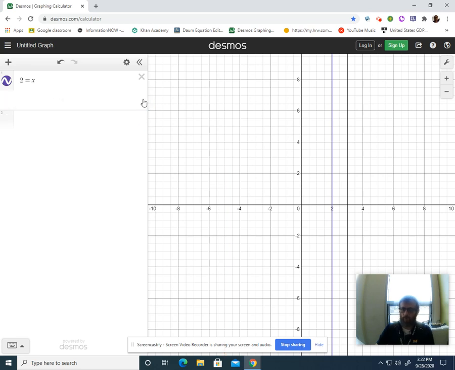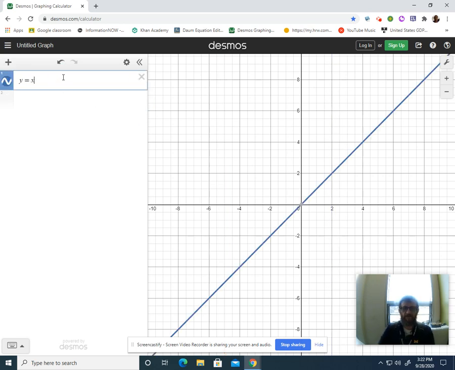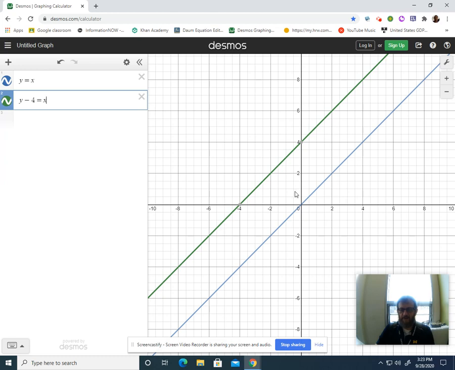Well, it doesn't just work for lines, although it's even going to work for more complicated lines, like this one. The same thing goes. If you subtract 4 from the y, it slides the entire graph up 4 units.